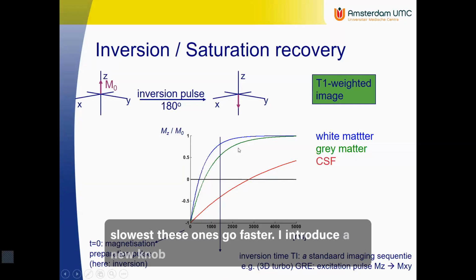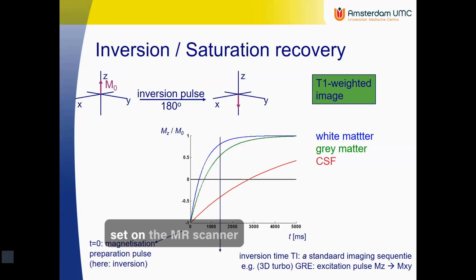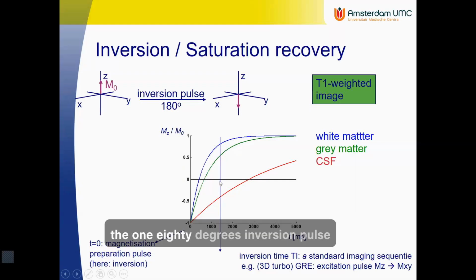Now I introduce a new parameter that we can set on the MR scanner, called inversion time. It's defined as the waiting time between the 180 degrees inversion pulse and the moment I do my first excitation pulse of the imaging sequence.